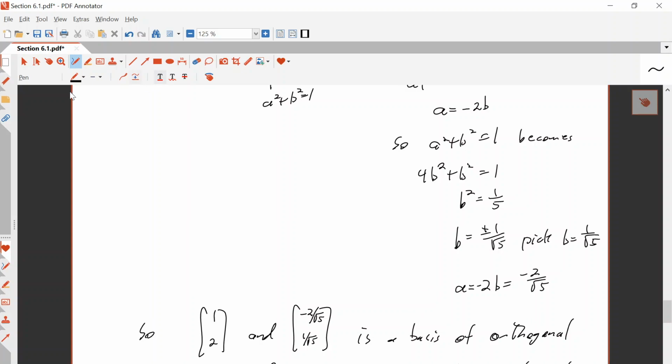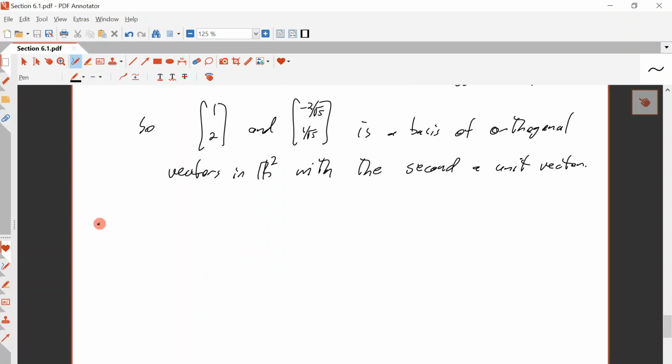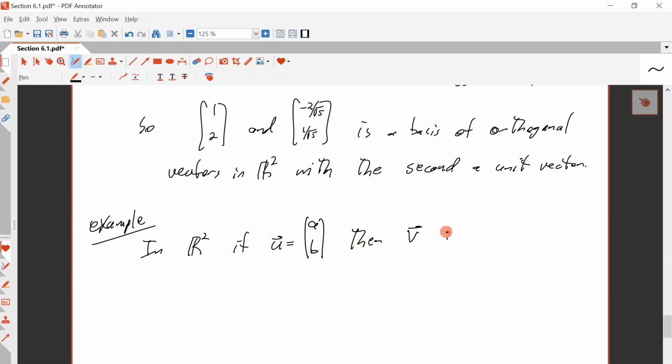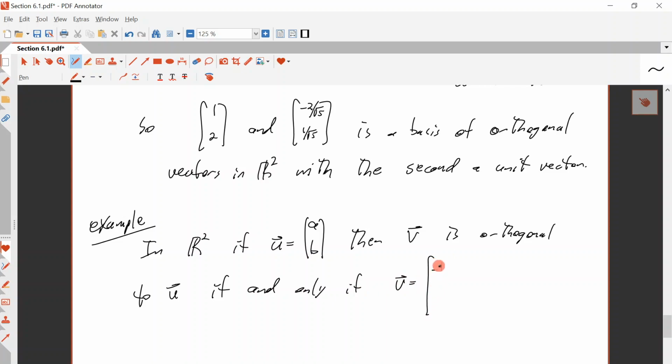Now in R2, orthogonality is not quite so mysterious. In R2, if u is equal to (a, b), then v is orthogonal to u if and only if v is equal to (minus kb, ka) for some k.